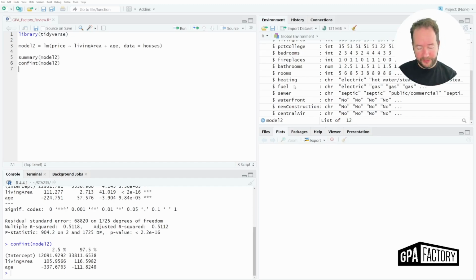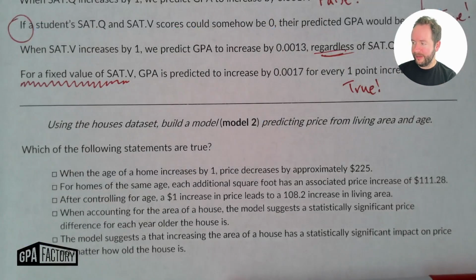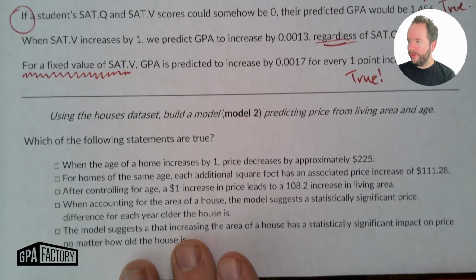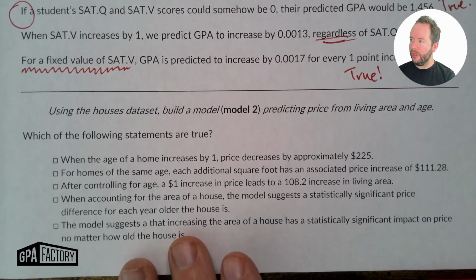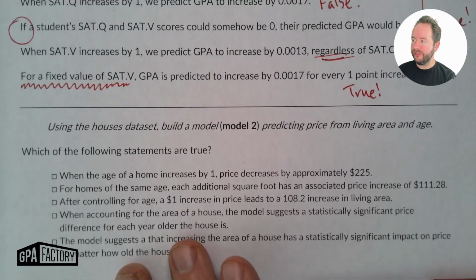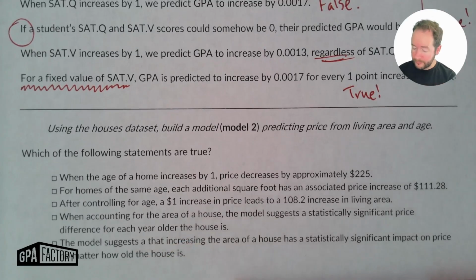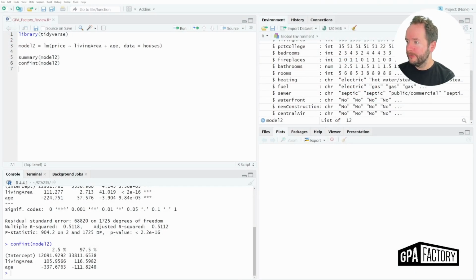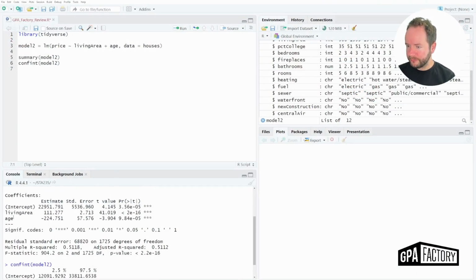And sure enough, that's what this is doing. We want to know: when the age of a home increases by 1, price decreases by approximately 225. Let's go look at that slope coefficient. Scroll up here. When the age of a home increases by 1, we seem to see that the price decreases by about 224, which rounds to $225.